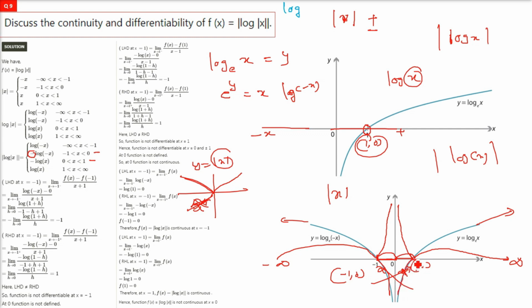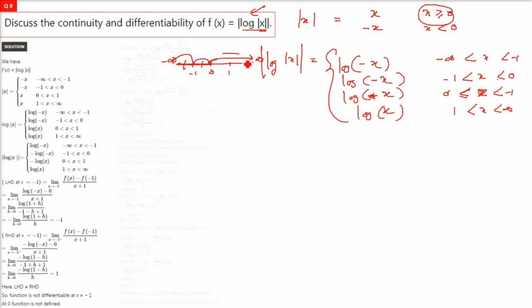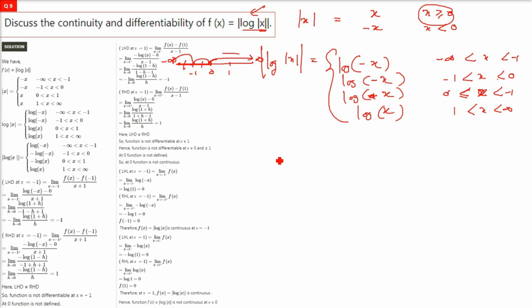Here also, this graph is going below. But when you put a modulus, when you have to take it in the positive direction, the positive y-axis, you have to multiply it with a negative. So whenever we apply this modulus, what will happen?